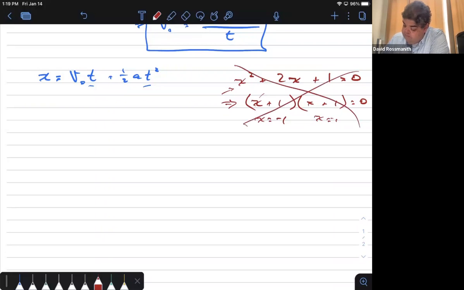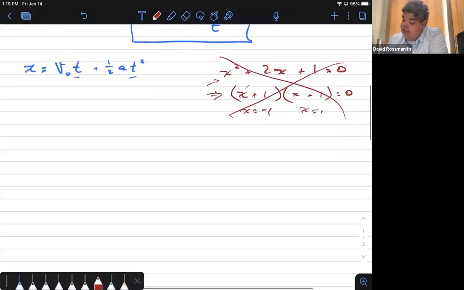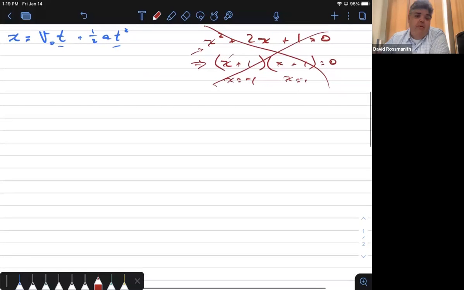Instead, the main method that we use to solve a quadratic equation goes like this. We have a formula. That formula is called the quadratic formula. And if you follow it, you plug the numbers in appropriately, you get the answer. However, in order to do it, the first step is you must rewrite whatever quadratic equation you have into what's called the standard form.